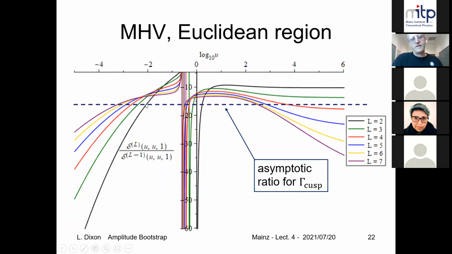Now that we've got the amplitude completely fixed, we can do the same thing we did in the Higgs case, in the form factor case, and we can plot it along various lines where it simplifies. One line on which the function simplifies is this line here, where we set v equal to u and w equal to 1. In that limit, the symbol alphabet collapses to have just 2 letters, u and 1 minus u.